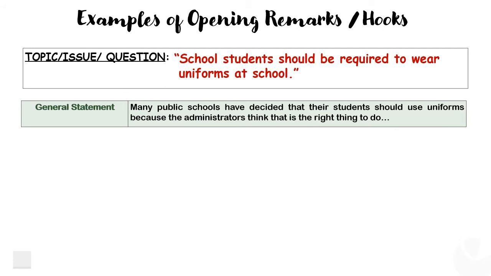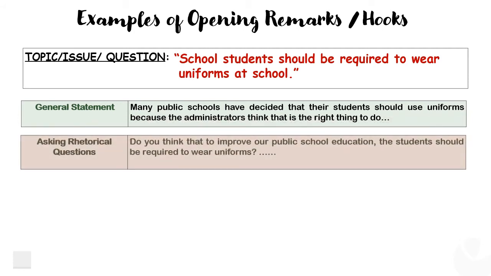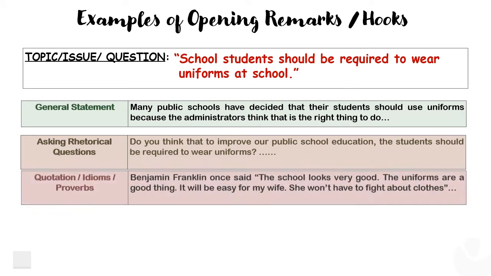Many public schools have decided that their students should use uniforms because the administrators think that that is the right thing to do. If you're using rhetorical questions, your opening remark will be something like this. Do you think that to improve our public school education, the students should be required to wear uniforms? You can ask more than one rhetorical question.